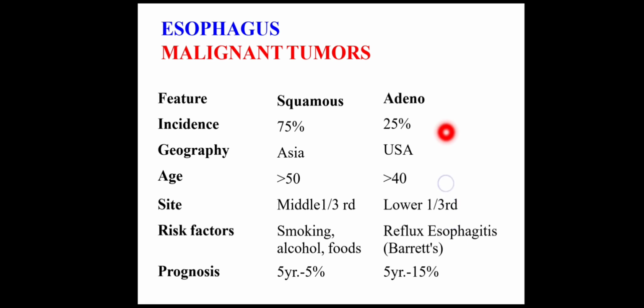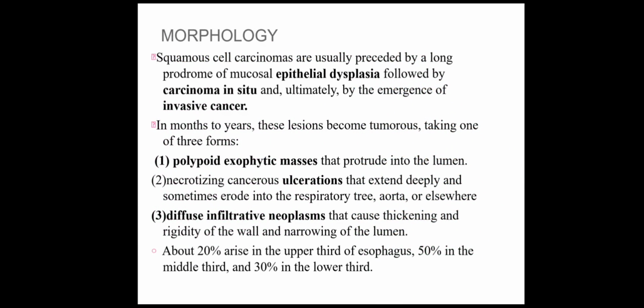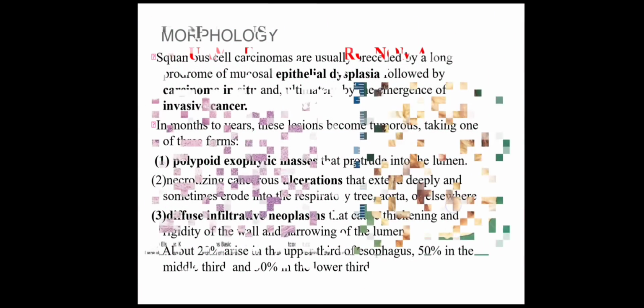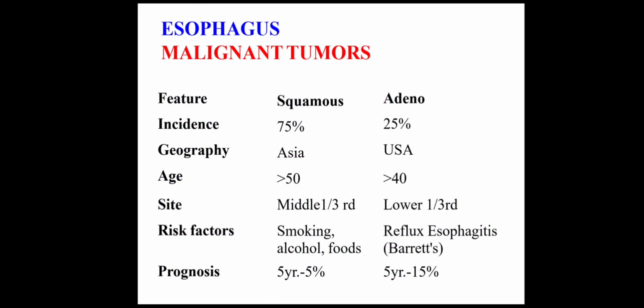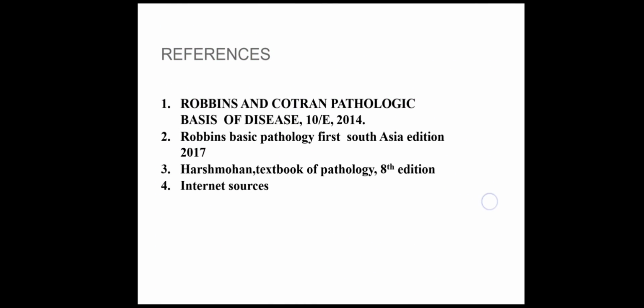The 5-year survival rate is more for adeno, not for squamous: for squamous it is 5%, and for adeno it is 15%. So adeno has a better prognosis than squamous.